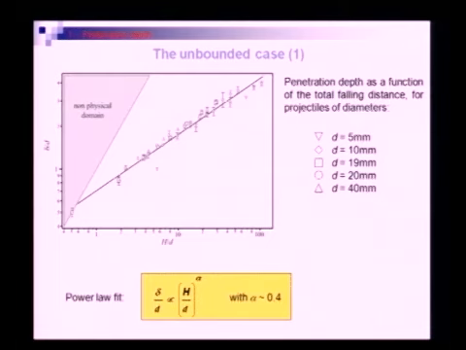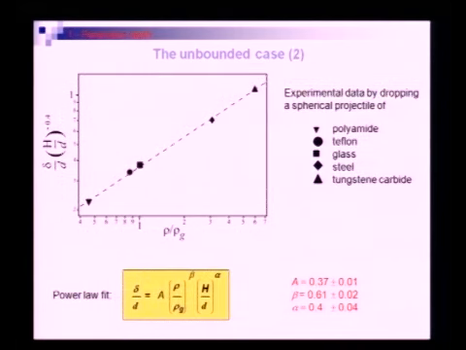That means we can say that the normalized penetration depth is proportional to the normalized height to the power alpha, and we measure that alpha is about 0.4 in the unbounded case.